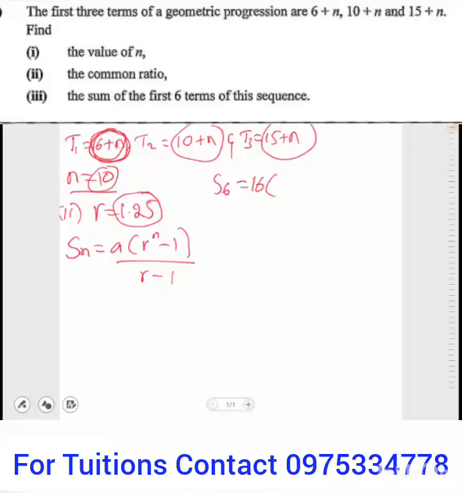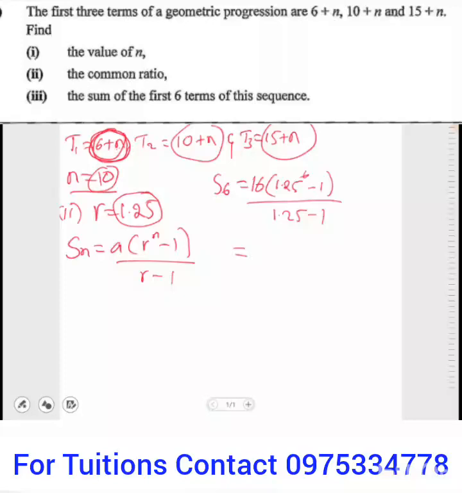Okay, so r is 1.25, to the power 6, then minus 1, then over 1.25 minus 1. When you punch this on a calculator, let me punch it: 16, open bracket, 1.25 to the power 6 minus 1.